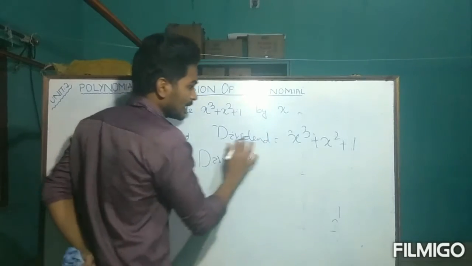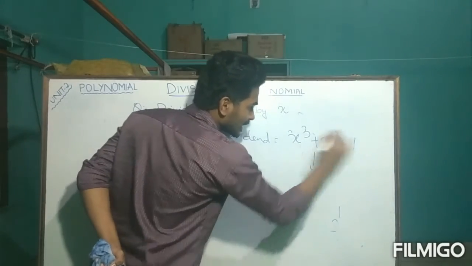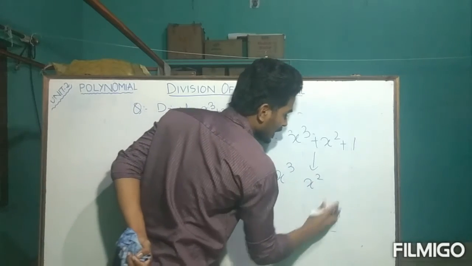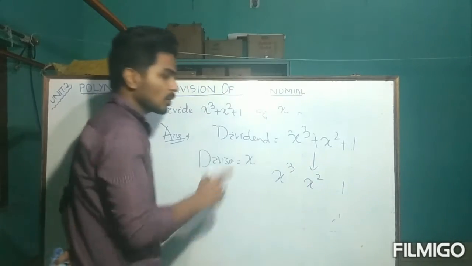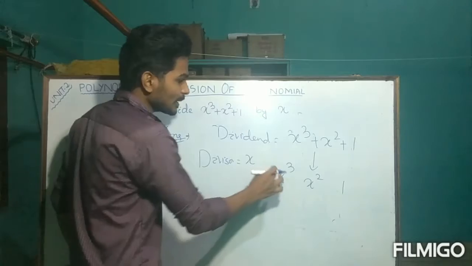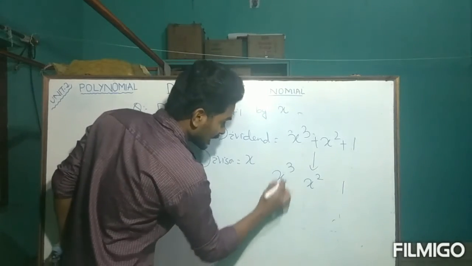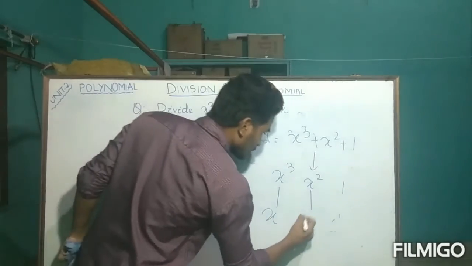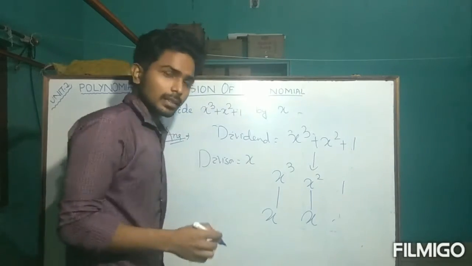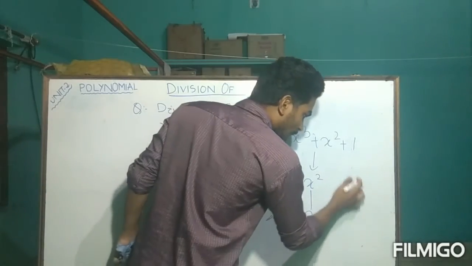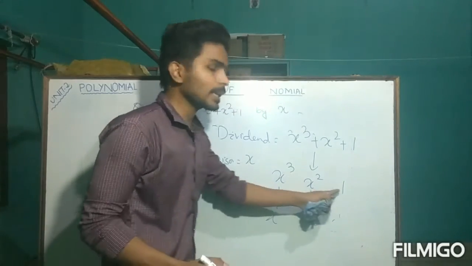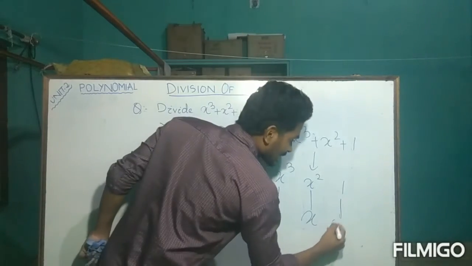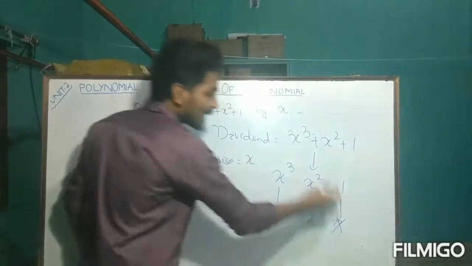In the dividend we have 3 terms: x cube, x square and 1. x cube contains x, yes, x square also contains x. But does 1 contain x? No, because 1 is a non-zero constant polynomial. It does not contain x.